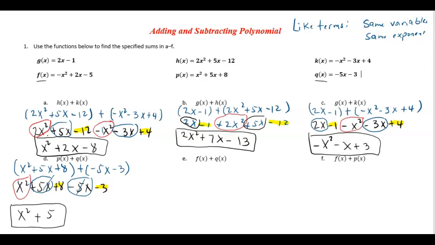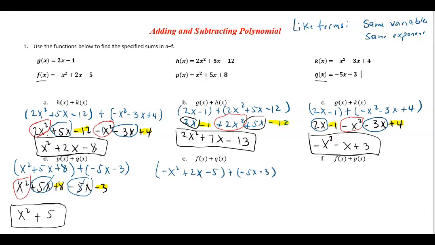So f of x, we got negative x squared plus 2x minus 5, plus negative 5x minus 3. Once you write it that way, we write it without the parentheses.